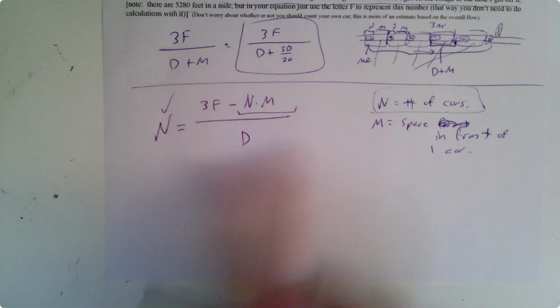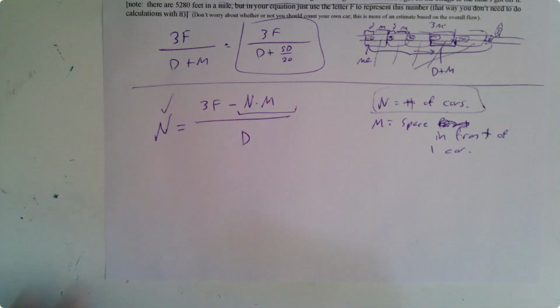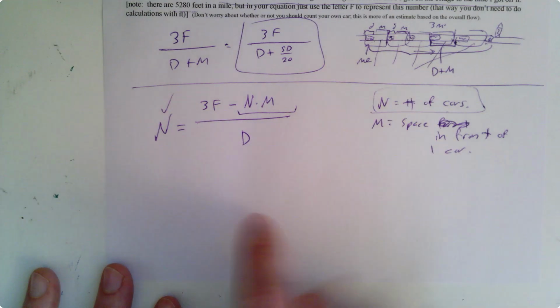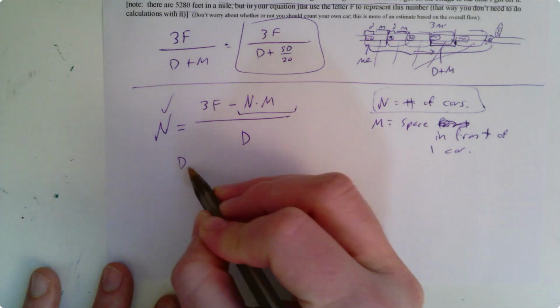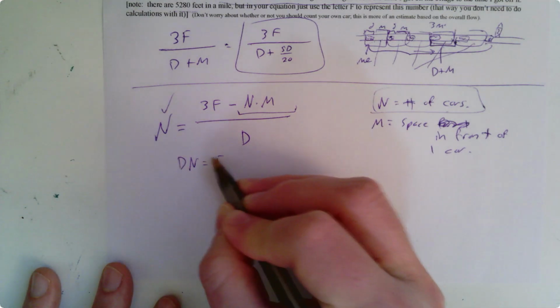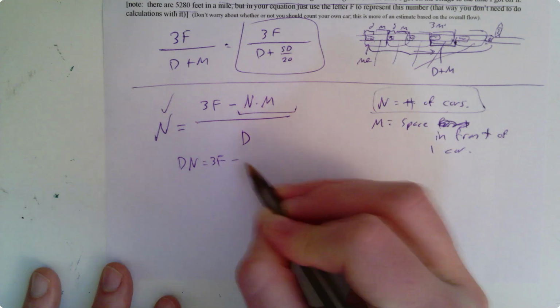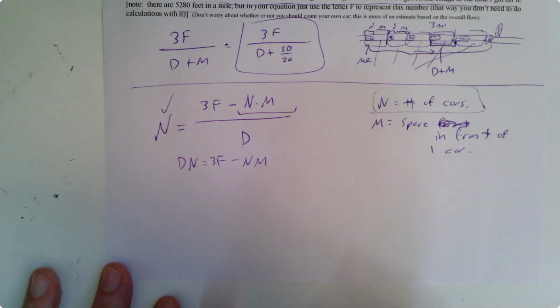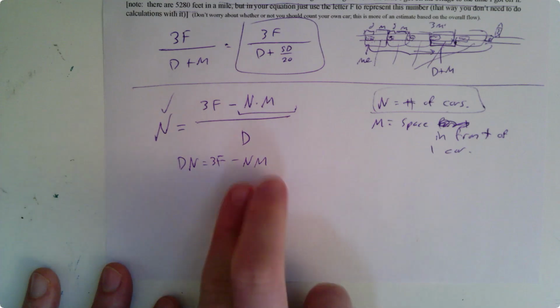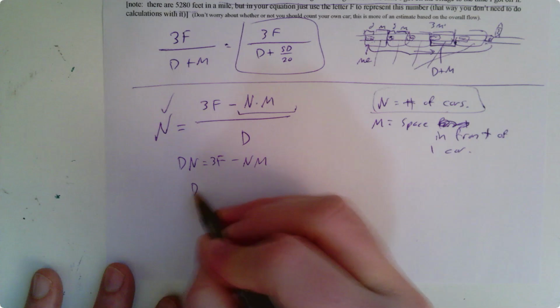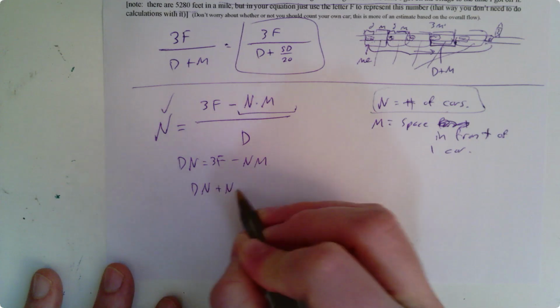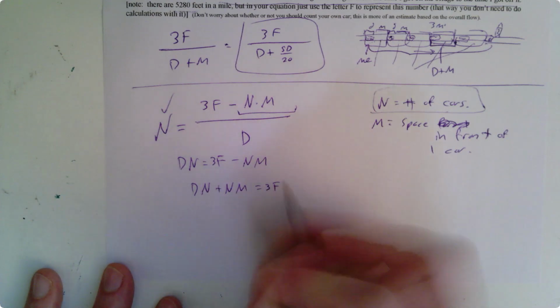You couldn't leave your equation like this, because we're trying to solve for n, but now let's just use some algebra to solve for n. So I'll multiply by d, so now I've got dn equals 3f minus nm. I want to isolate the n's, so let's add this term to the other side. So now I've got dn plus nm equals 3f.